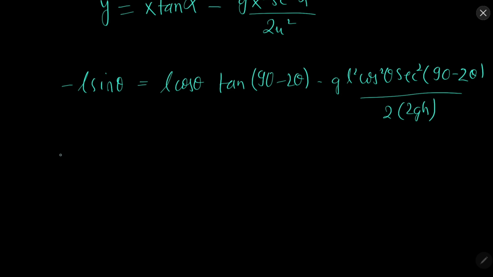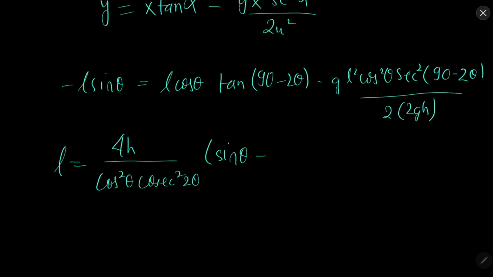So after much simplification, you will get L equal to 4h over cos square theta, cosec square 2 theta and sin theta plus cos theta cot 2 theta.